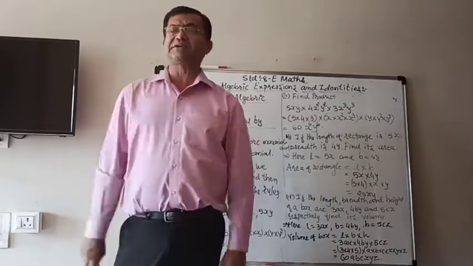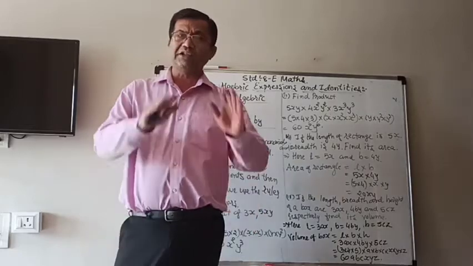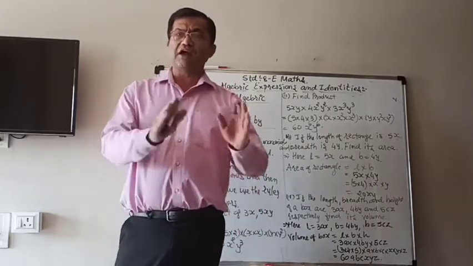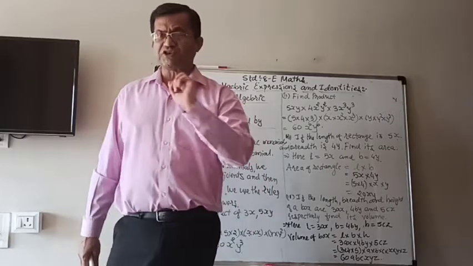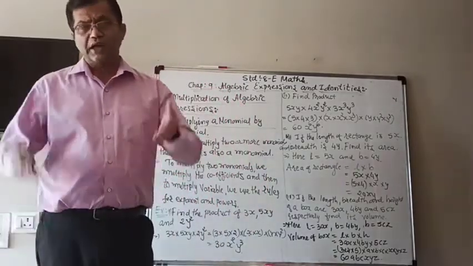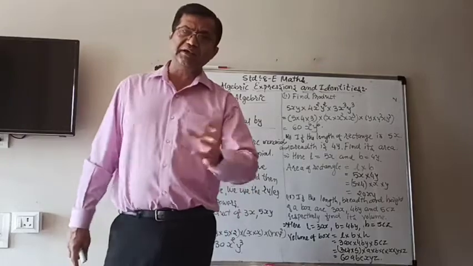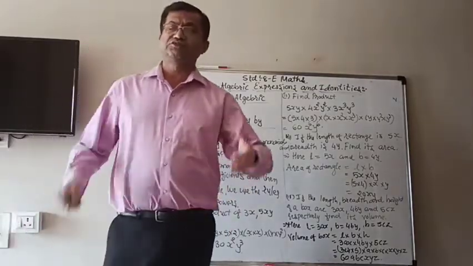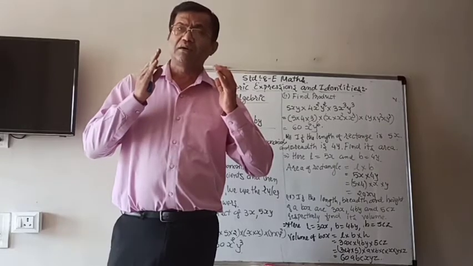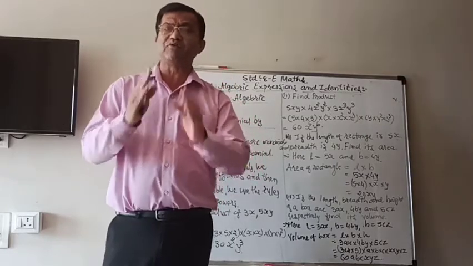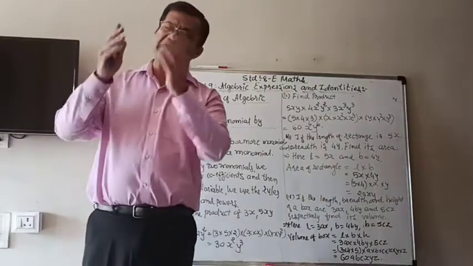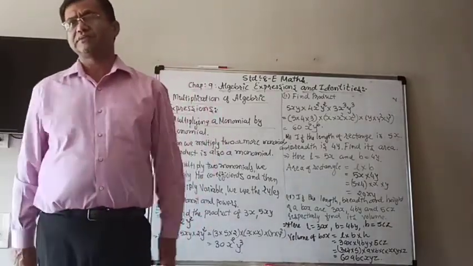We separate all the coefficients and write them in a bracket with multiplication, and from the other factors we sort out the factors with the same variable, x with x, y with y, and so on.